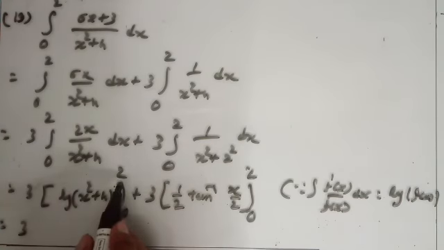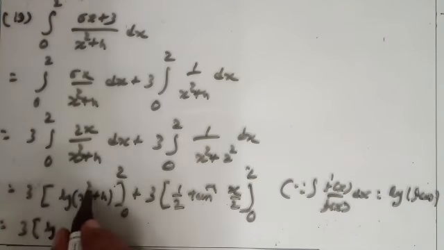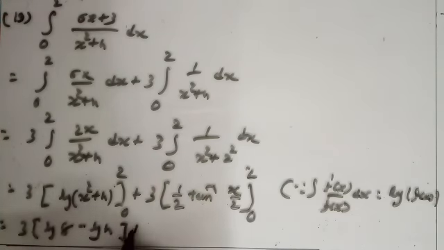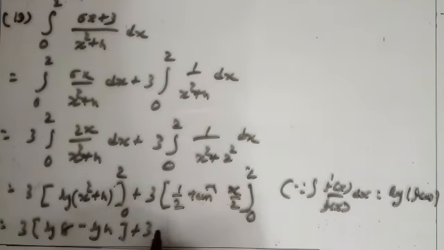Now replace x by 2, so we get log of 2 square, that is 4, plus 4, that is 8. Minus log 4, plus 3 into, now replace x by 2, here 1 by 2 take outside, so 3 by 2 tan inverse of 2 upon 2, that is 1, minus tan inverse 0 becomes 0.